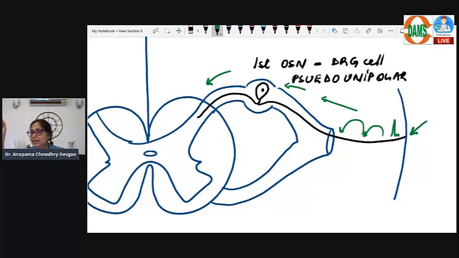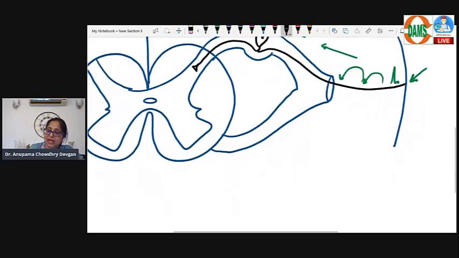Now, if you remember the posterior column, the first order sensory neuron terminates in the medulla, in nucleus gracilis and nucleus cuneatus. The first synapse is in the medulla, no synapse at the level of the spinal cord. But in the case of the spinothalamic tract, the first synapse is in the dorsal horn itself. Where is the first synapse?